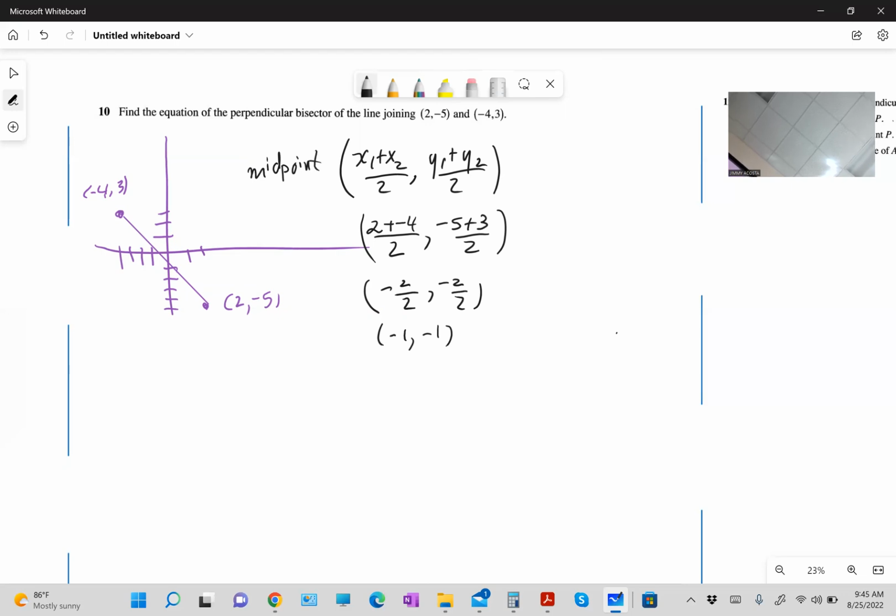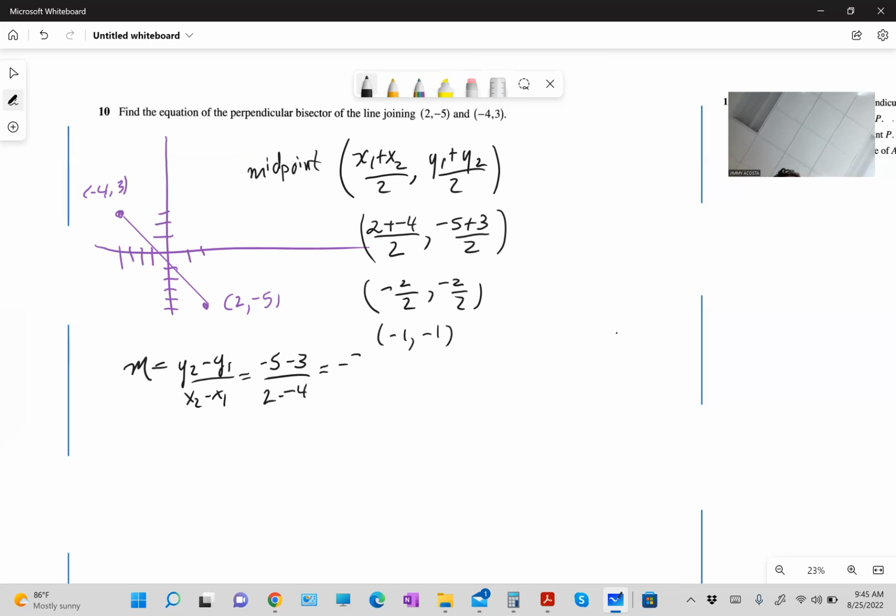The second part is that now we have a point, and we need a slope. So first we need to find the slope between these two points. Remember, the slope formula is y2 minus y1 divided by x2 minus x1, which is -5 minus 3 divided by 2 minus -4.